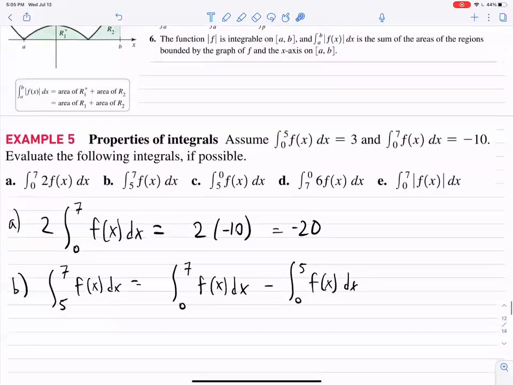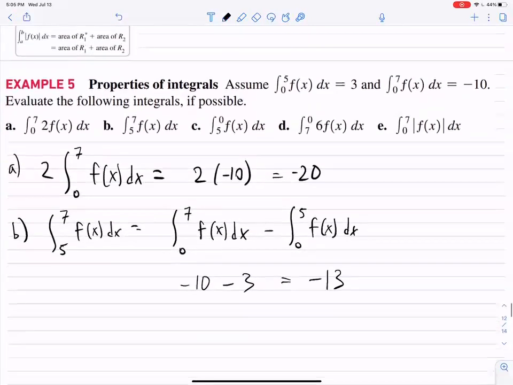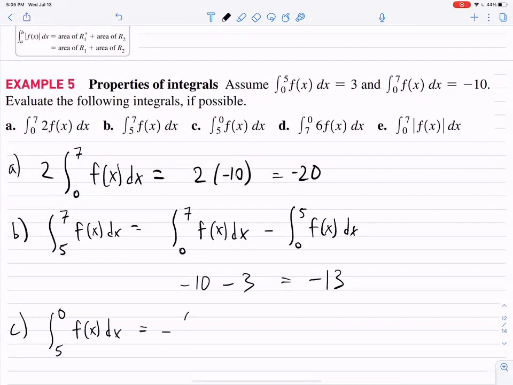And so that's going to be -10 minus 3. So it's -13. For part C, the integral from 5 to 0 of f of x dx, so going in the backwards order, is equal to negative the integral from 0 to 5 of f of x dx, which is -3.